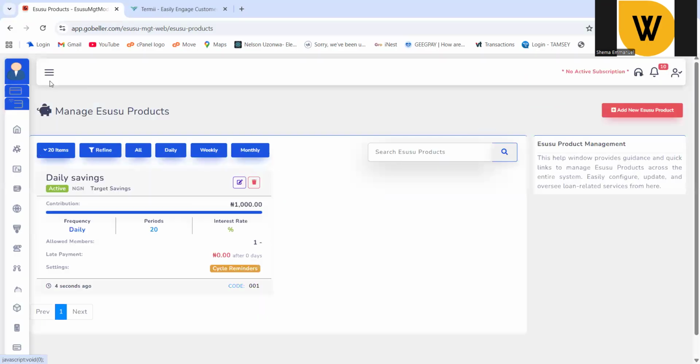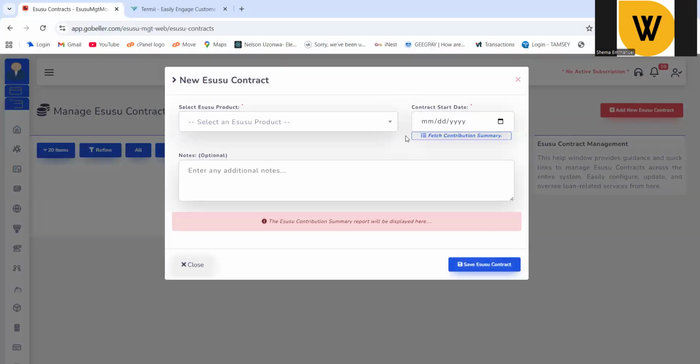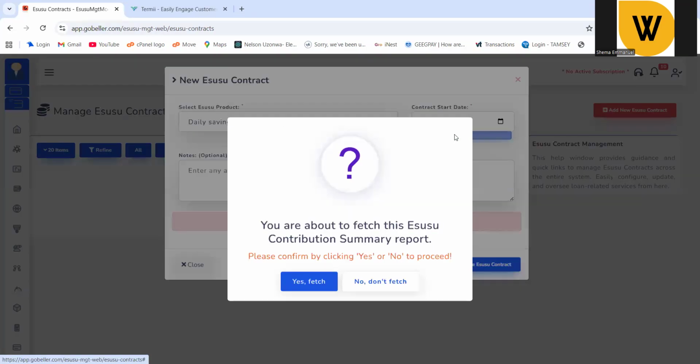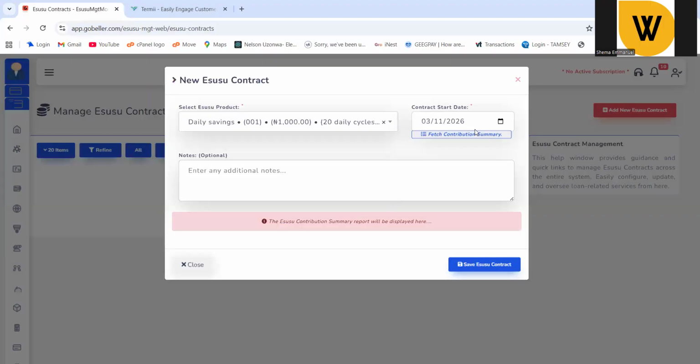So basically once the product is set, then the order is to onboard clients into the service, right? So to onboard a client, I'm basically going to select the product. I only have one. Then I'll select my start day as today. Okay. So I'll click on fetch to get a summary, right?